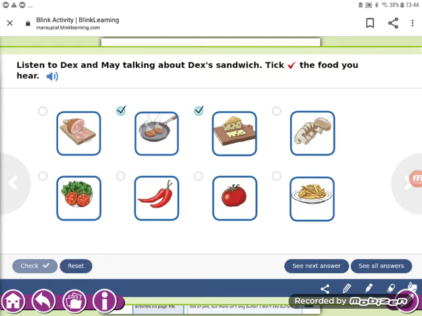All right, so burgers, cheese, tomatoes, chilies, and chips. All right? Is it correct? But the sandwich doesn't contain ham or mushrooms or tomatoes. Okay? Do you understand? Is it good? That's great to know, okay? Very good.